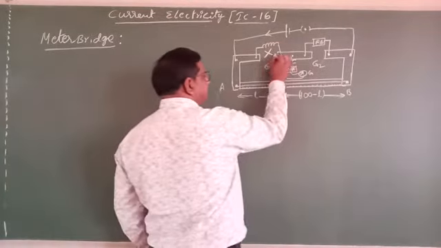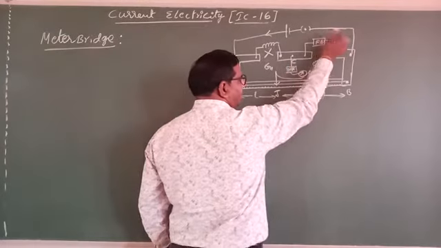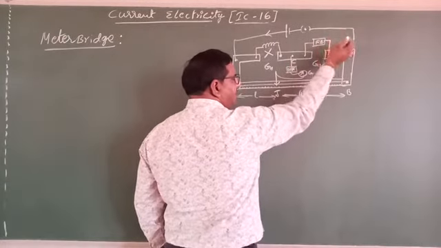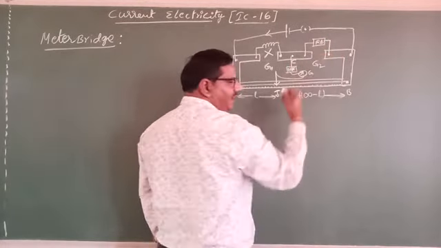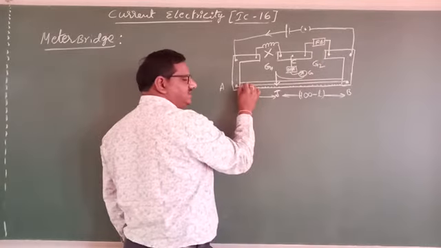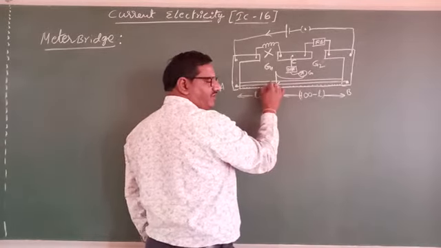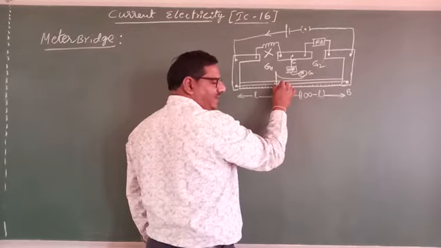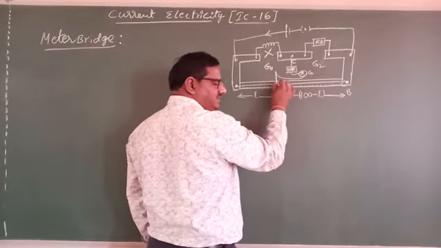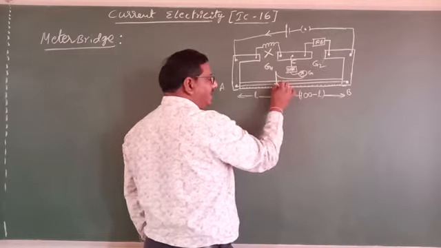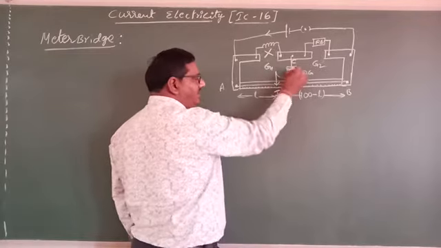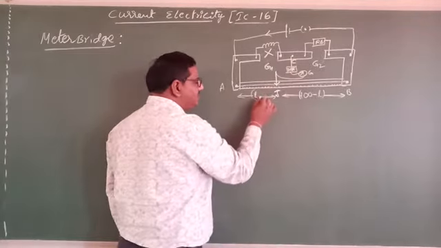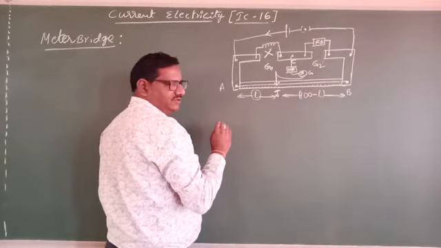Now see here, one small resistance: we remove one key so some resistance is applied. Then touch one by one point-wise along the wire; don't drag the jockey along the wire, only touch point-wise. At a particular touch the galvanometer shows zero deflection, and that length is called the balancing length.